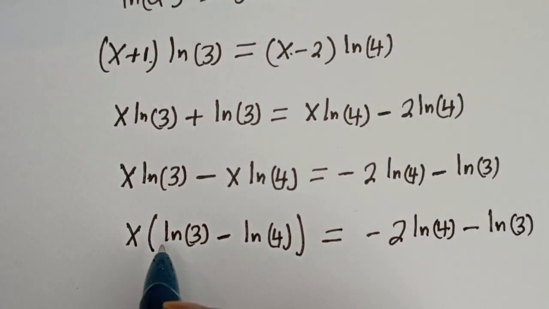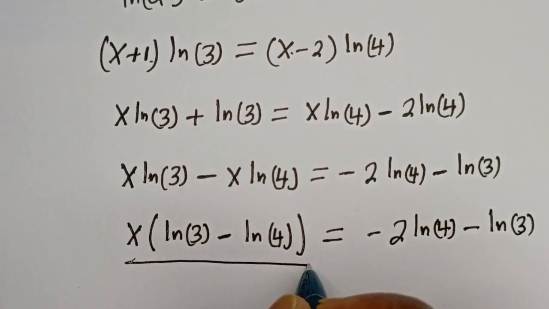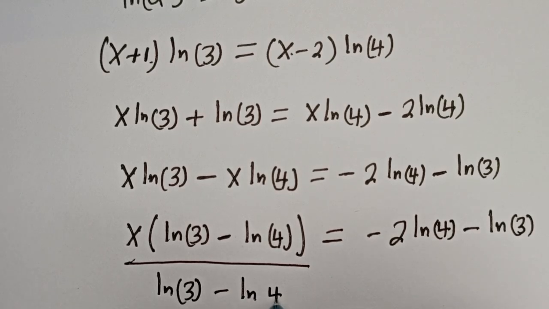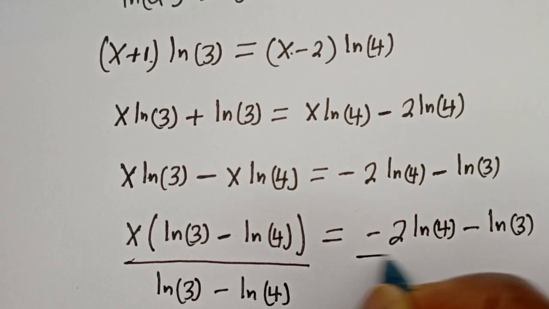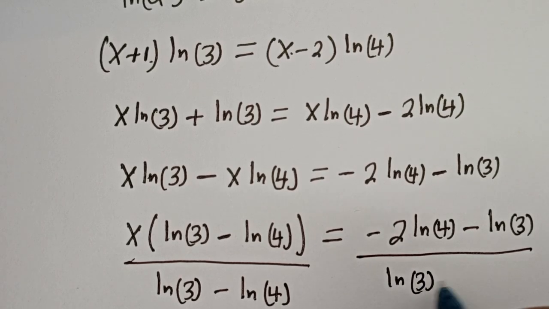Let's divide both sides of this equation by ln of 3 minus ln of 4. This divided by ln of 3 minus ln of 4, then this divided by ln of 3 minus ln of 4.